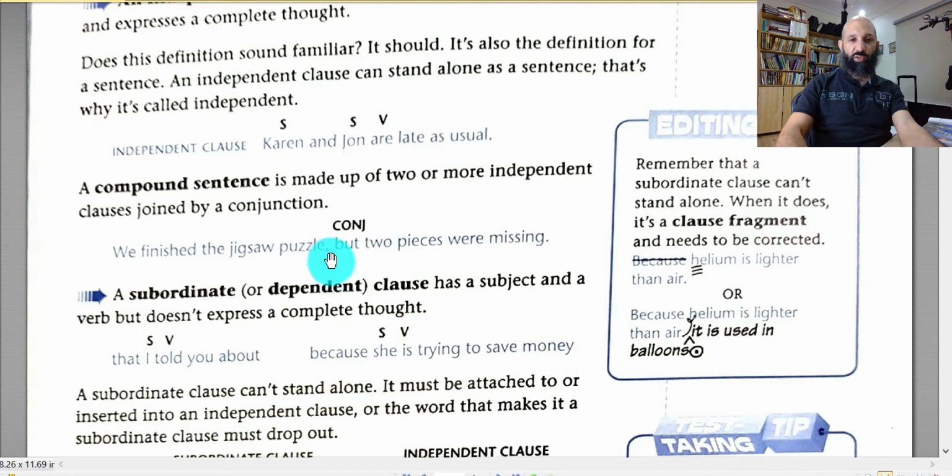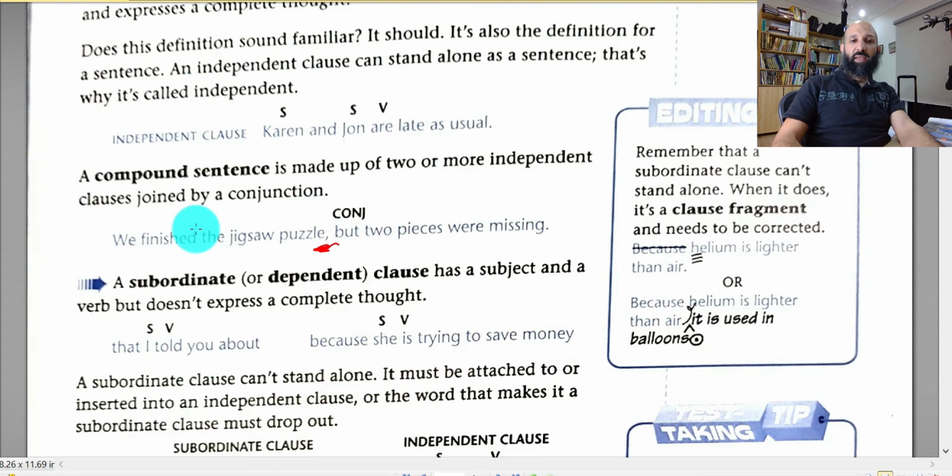Because if you replace this comma by a full stop and you read them separately, then they will be absolutely fine, flawless sentences. We finished the jigsaw puzzle, full stop, but 2 pieces were missing, full stop, absolutely fine. So a compound sentence has two independent clauses.